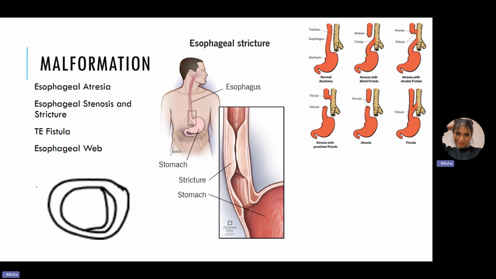Next, we can talk about esophageal webbing or web. This is the drawing that you can see over here. This is the web. It is congenital, and it is basically when the mucosa of the esophagus protrudes into the lumen like a semilunar membrane, partially obstructing it.